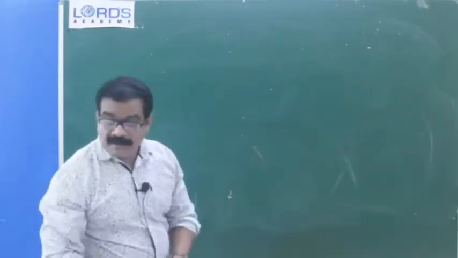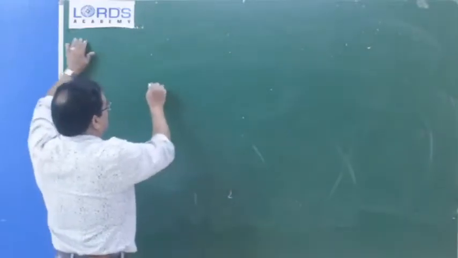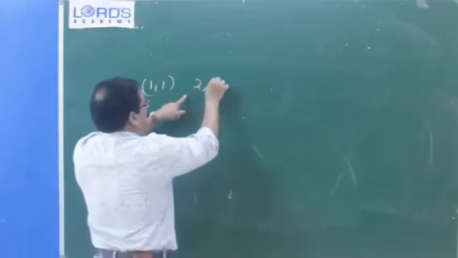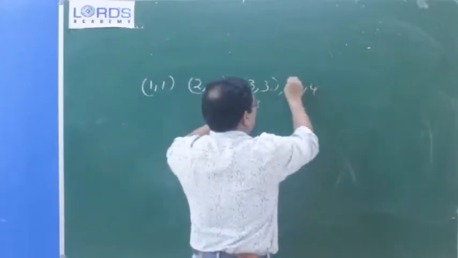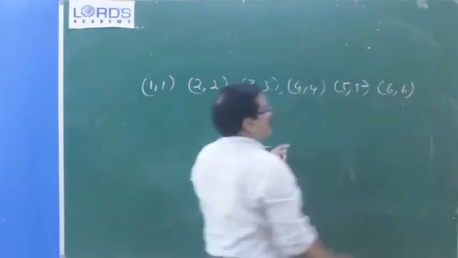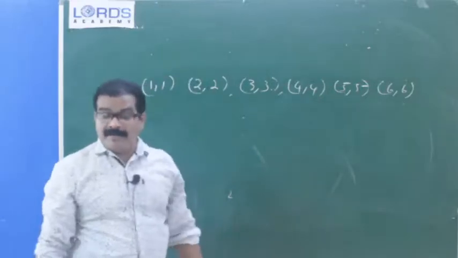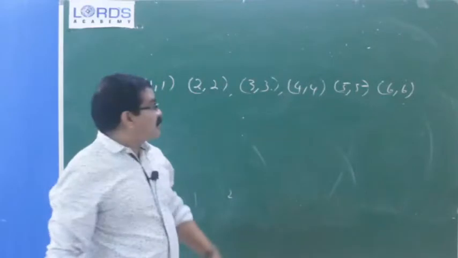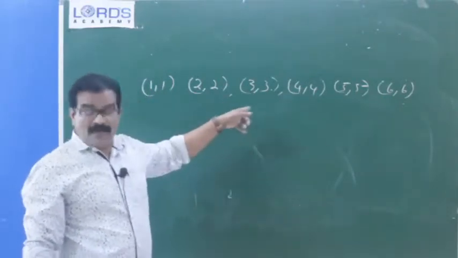First, a doublet means each event should be the same, for example 1 1, 2 2, 3 3, 4 4, 5 5, 6 6. How many events are there? 6. The probability of getting a doublet is equal to 6 by 36, which is 1 by 6.